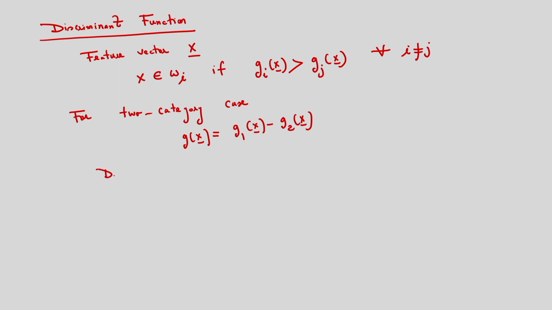So I have to decide the class omega 1 if g(x) is greater than 0. Otherwise I have to decide the class omega 2. And based on this discriminant function, we have designed the minimum error rate classifier. So based on this discriminant function, I have discussed the concept of the minimum error rate classifier.